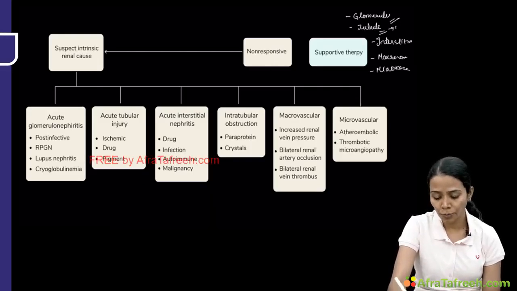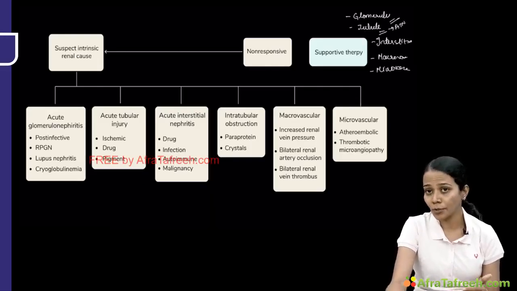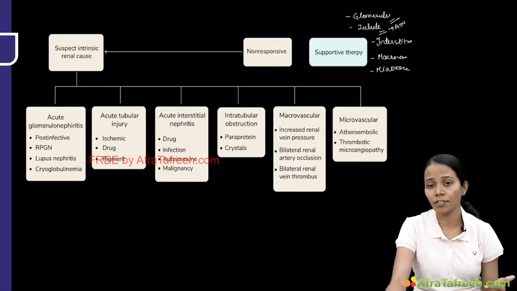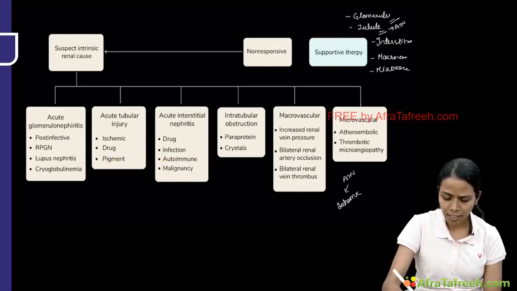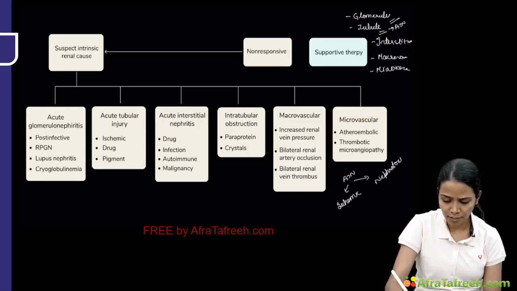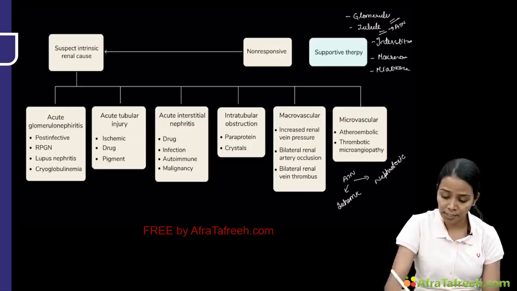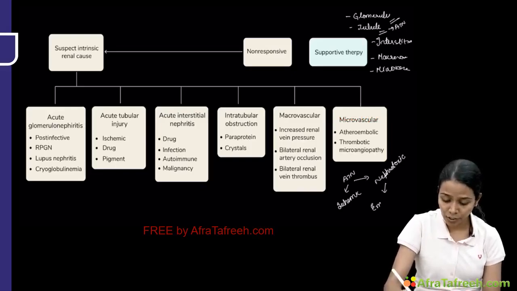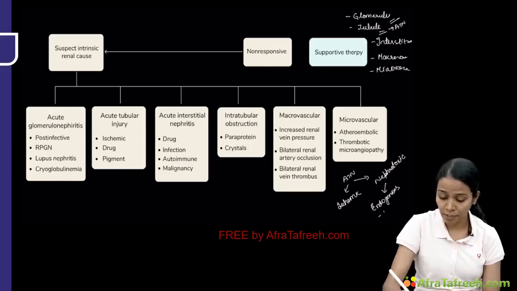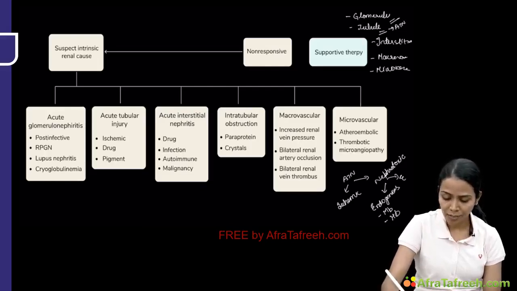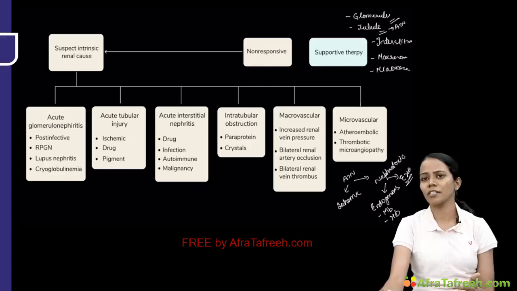Tubule can be acute tubular necrosis. Acute tubular necrosis can be caused by ischemic insult or by nephrotoxic insult. Okay. We have discussed all this in the last chapter also. This nephrotoxic insult can be further divided into endogenous toxin like pigment, which can be rhabdomyolysis, which is myoglobin, or hemolysis, like hemoglobin, or it can be exogenous, where it is because of some drugs and toxins.